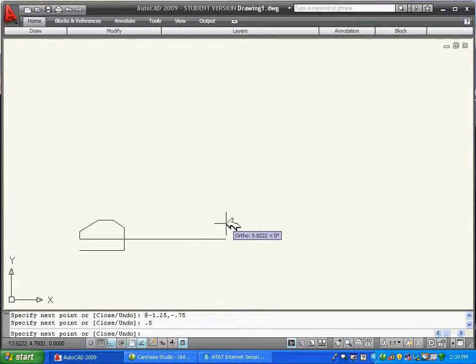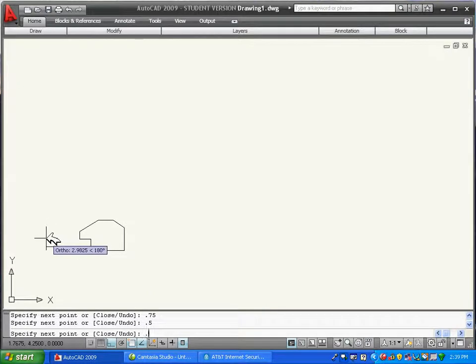I'm going to drag my mouse over to the right, and again I need to do some addition and subtraction to determine that 3 minus 2.25 is 0.75, and I've dragged my mouse over to the right to do direct distance. 0.75, hit Enter. Drag it down, 0.5.